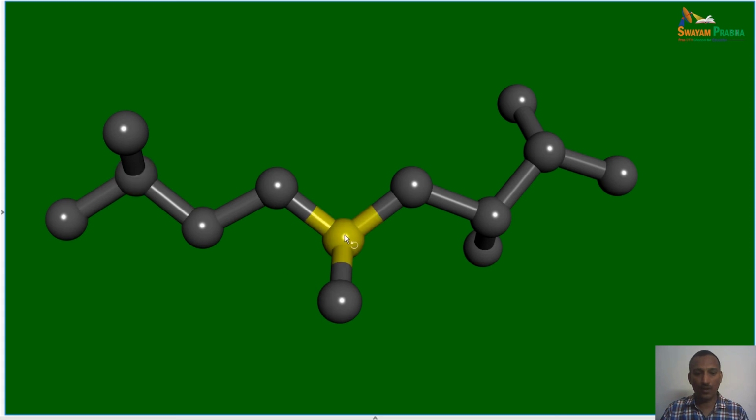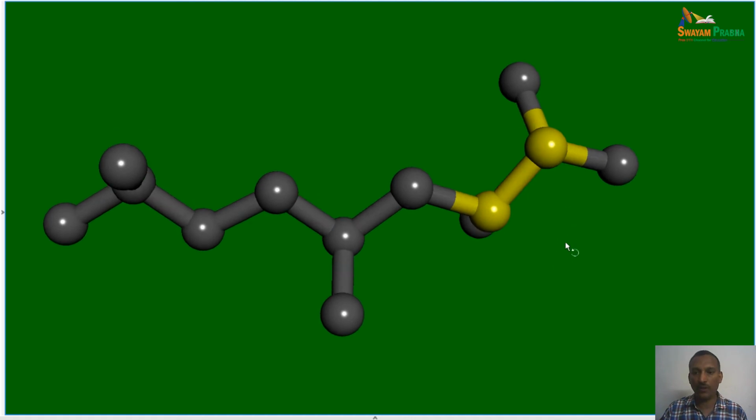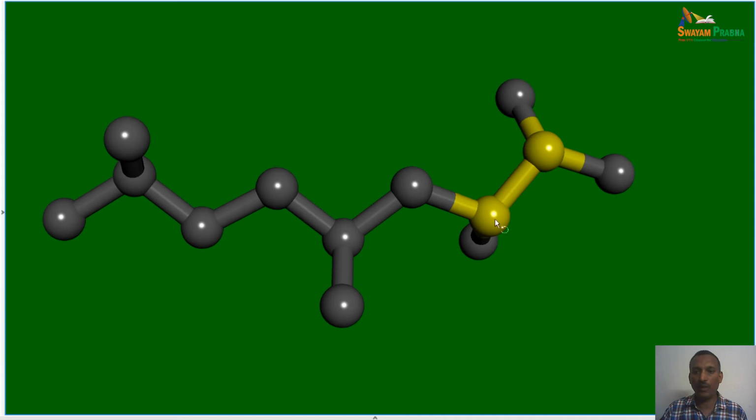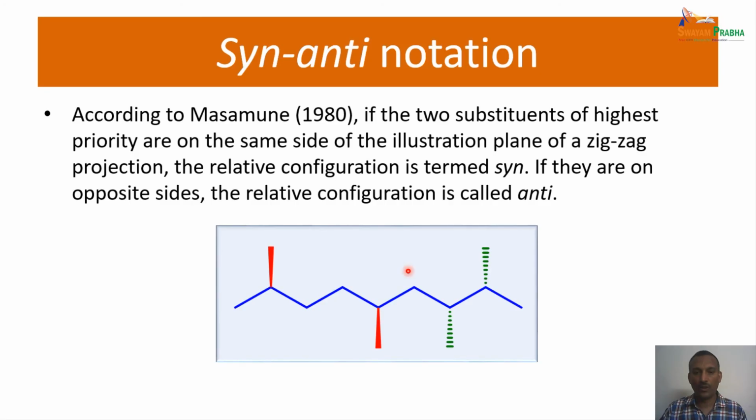And if you look at this carbon and this carbon, this is pointing towards the observer, this is pointing away from the observer. So this is again anti-arrangement. And if you look at the last two carbons, these two are pointing away from the observer. So in other words, these two are again syn arrangement or cis arrangement.